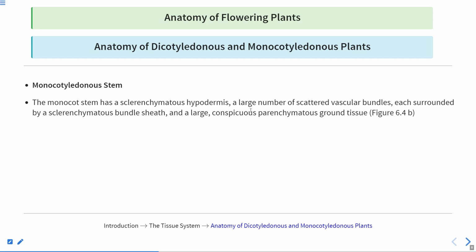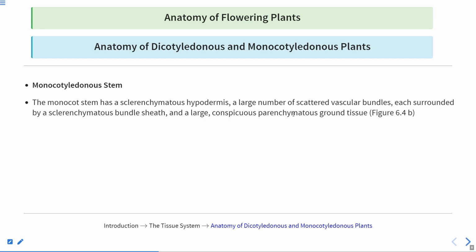The ground tissue is parenchymatous. But what is absent here? There is no cortex, no endodermis, and no pericycle in the monocotyledonous stem. This shows the huge difference between the dicotyledonous stem and the monocotyledonous stem, right?